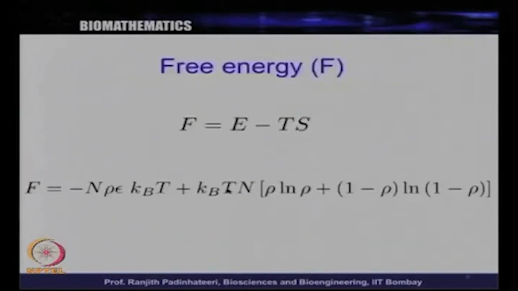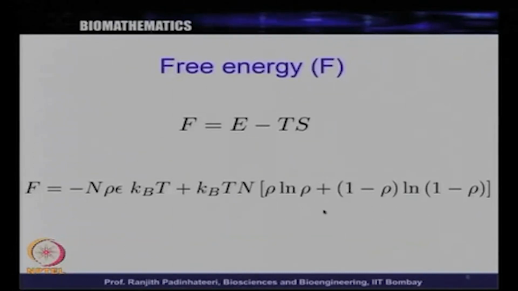So, the free energy is E minus T S, this is the energy part, and minus the entropy part, so minus will become plus. So, this is the total free energy. We want to find the minimum.